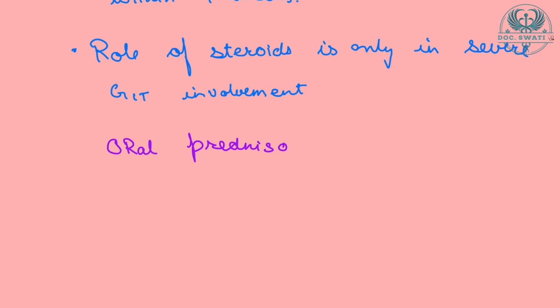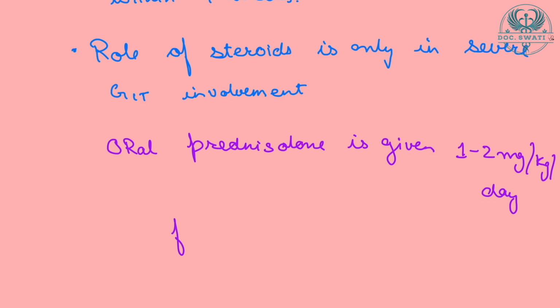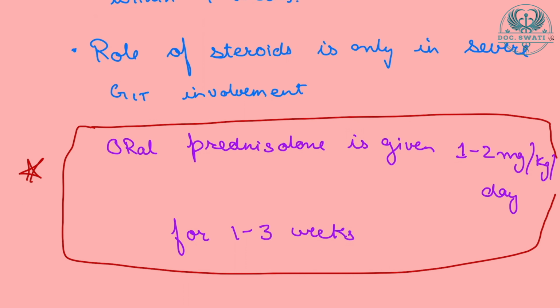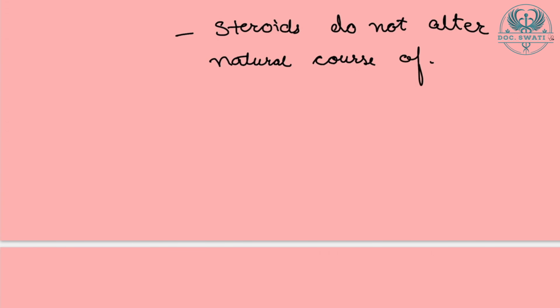Oral prednisolone is given 1 to 2 mg per kg per day for 1 to 3 weeks. Steroids do not alter the natural course of illness and do not reduce the risk of HENOCH SCHÖNLEIN PURPURA nephritis.